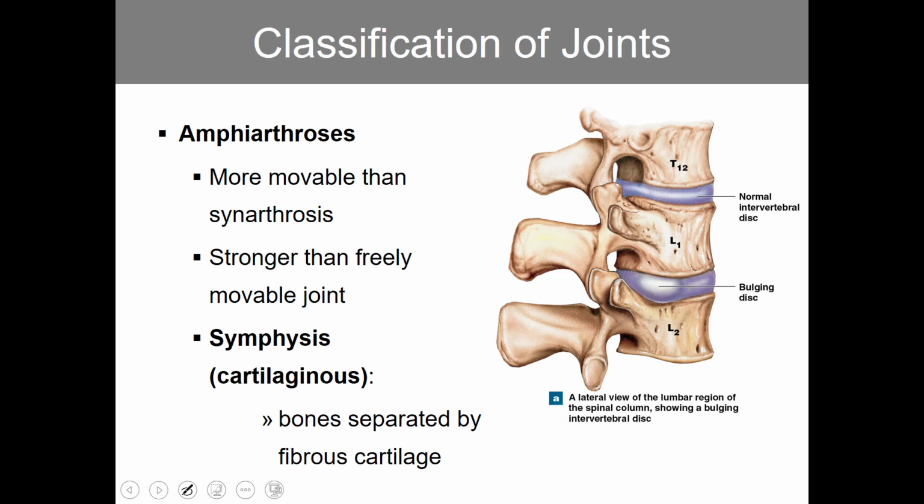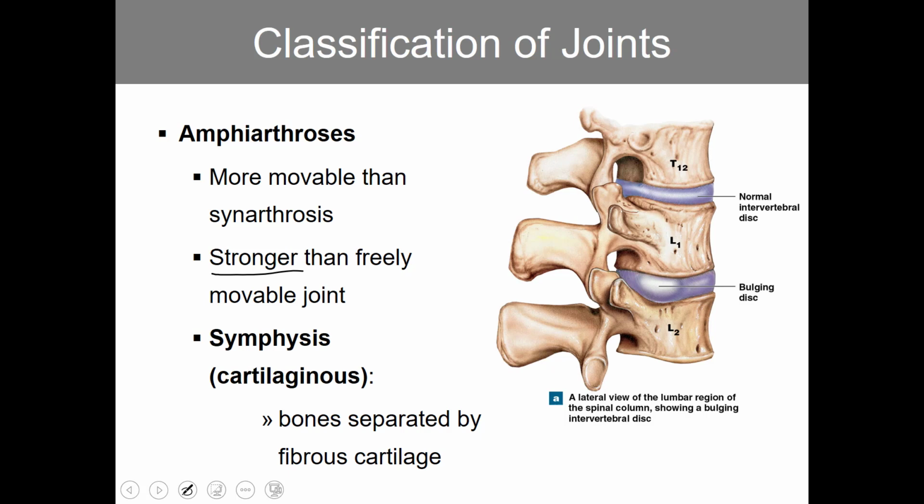Amphiarthroses are slightly movable joints. They're definitely more movable than the synarthrotic joints, but they're not as freely movable as the last class, the diarthrotic joints. They're strong. They're stronger than the freely movable diarthrotic joints. Often they're cartilaginous.